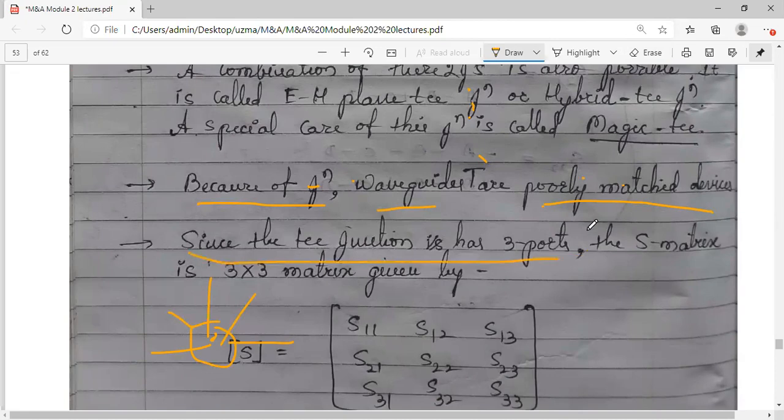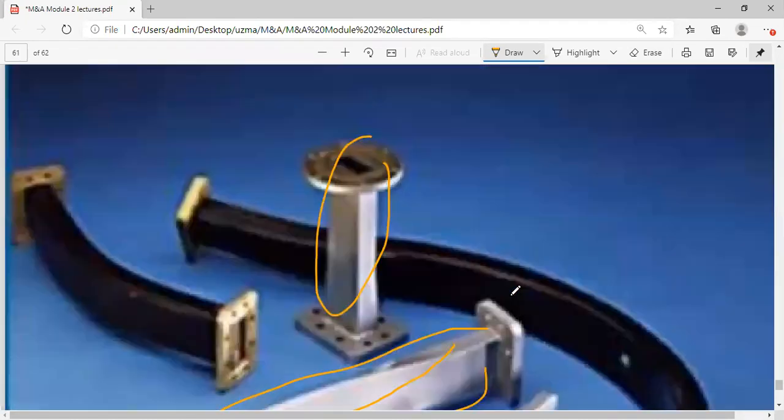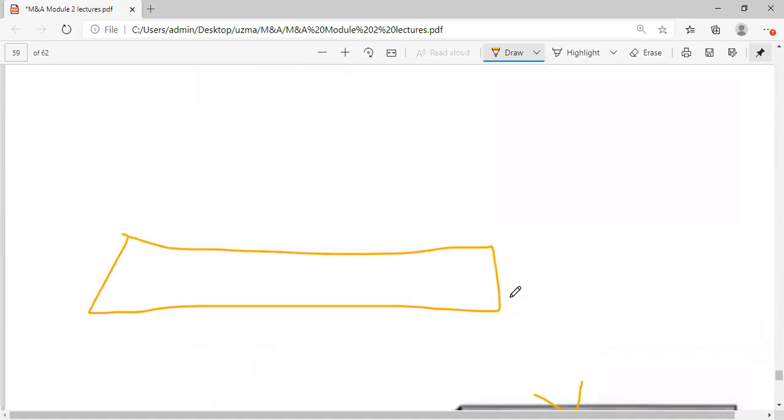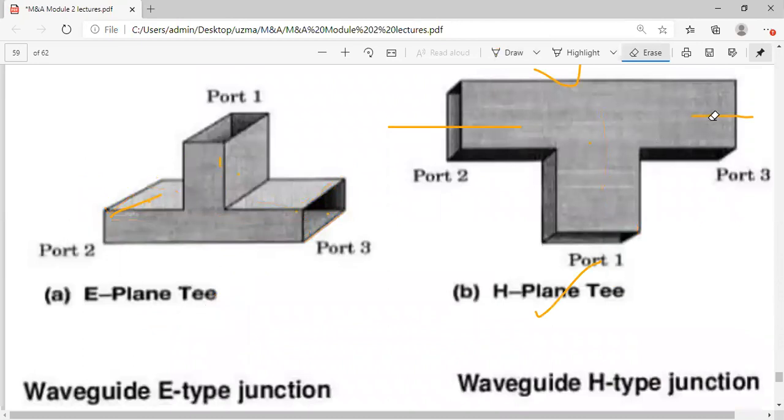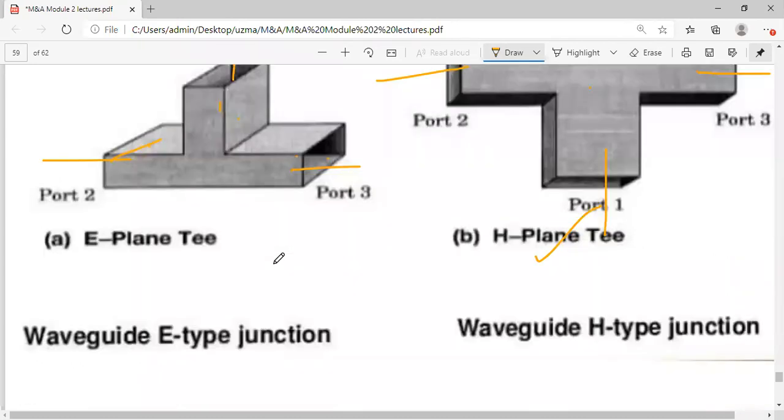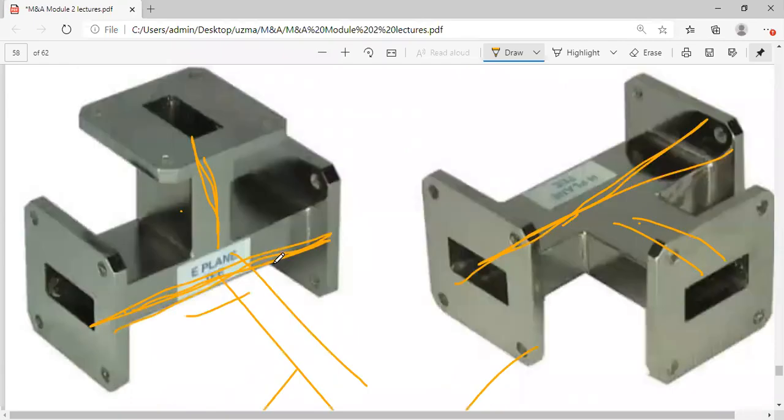Since the T junction has 3 ports, how many ports are available? How many pipelines can you connect? If you take a T connector, there is 1, there is 2, this is 3. So waveguide T's are 3-port devices.